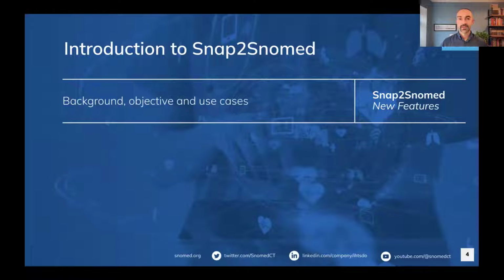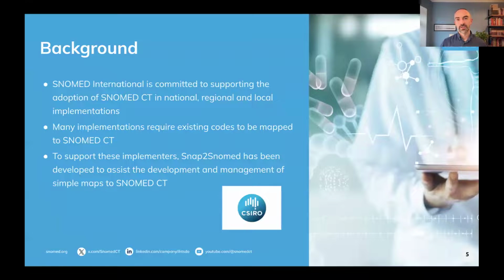All right, so I'll do the introduction of Snap2SNOMED and the background, objectives, and the use case. So SNOMED International is committed to supporting the adoption of SNOMED CT at both the national, regional, and local level.